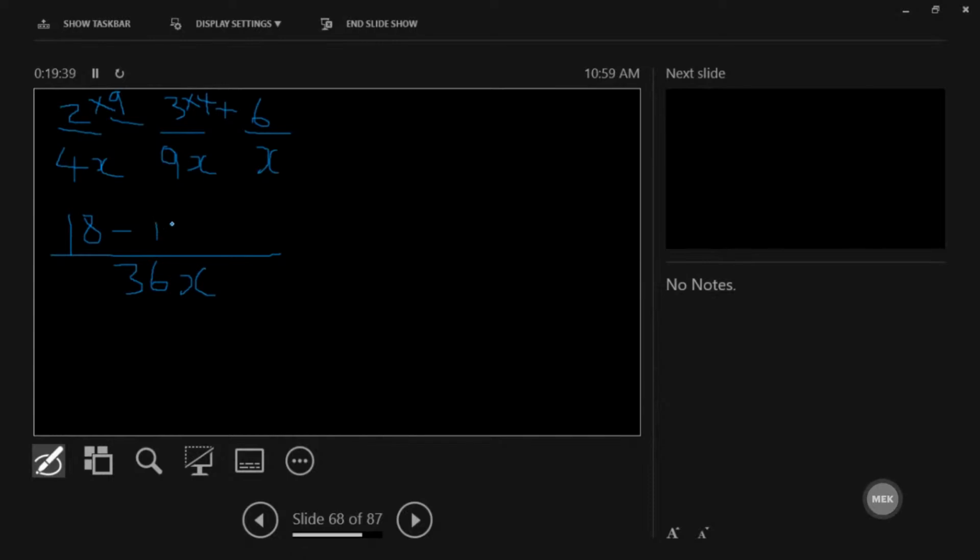And 3 times 4 is 12. Plus 6 over x: x into 36x goes 36. And 6 times 36, 6 6s 36, 6 3 is 18 and 3 is 21. So 18 minus 12, which is 6, plus 216, that's 222 if I'm not mistaken, over 36x, and reducing that by 2, so that's 111 over 18x.